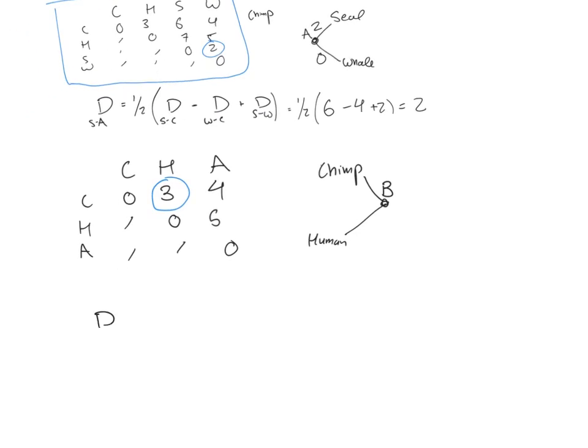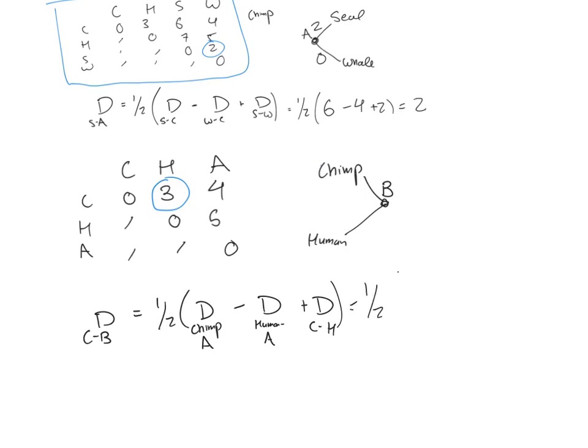So the distance between chimp and B is equal to 1/2 of the distance between chimp and some random point. So I'm going to pick A. So chimp and A, minus the distance between human and that random point, so human and A, plus the distance between chimp and human.